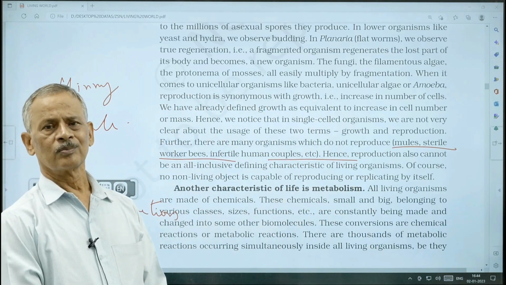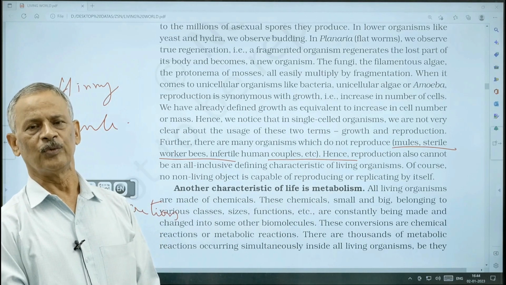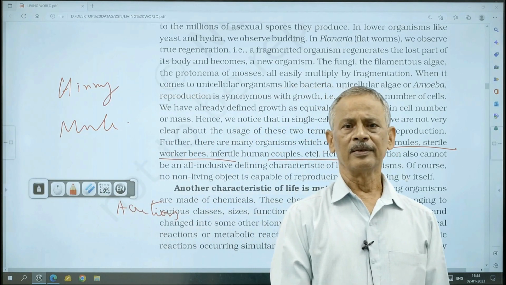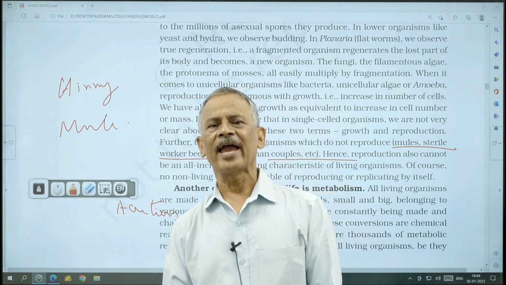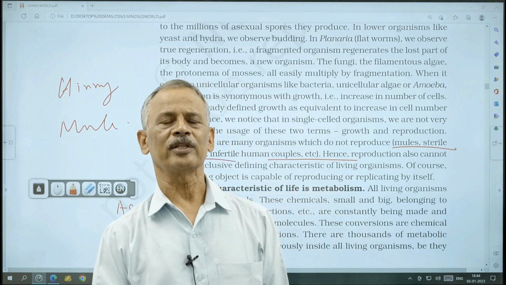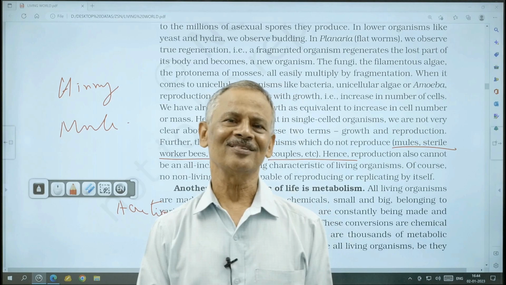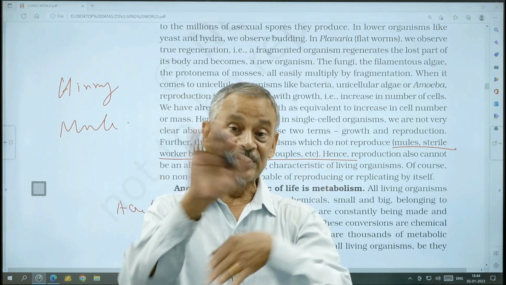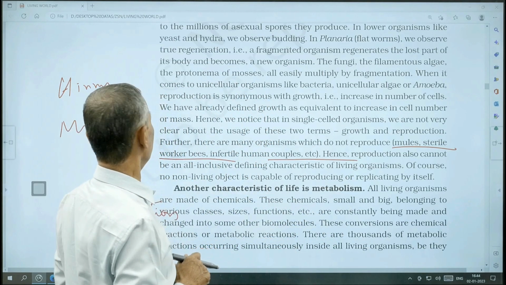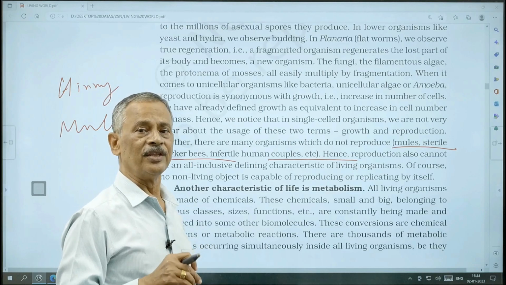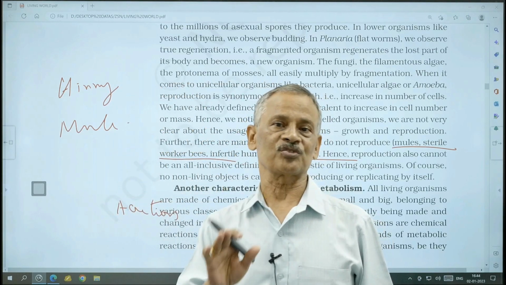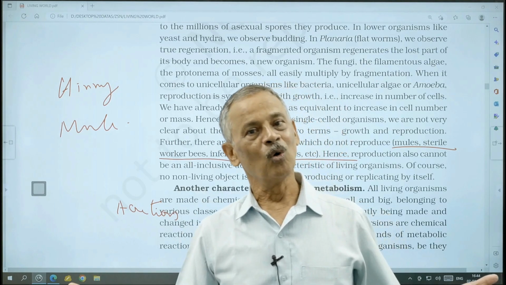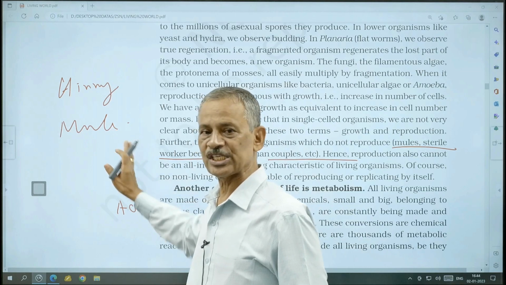Mule is a hybrid between male donkey and female horse. So their mother is horse, father is donkey. For hinny, the opposite is correct. In hinny, father is horse, mother is donkey. Both hinny and mules are sterile.